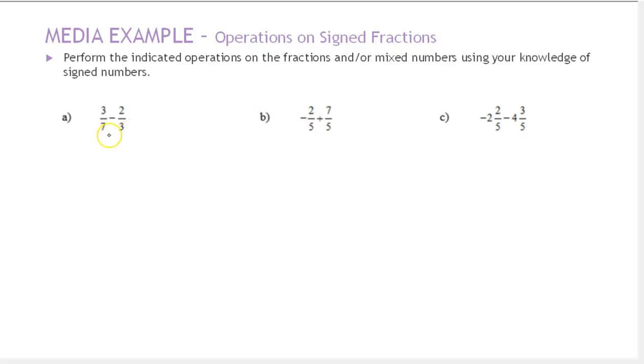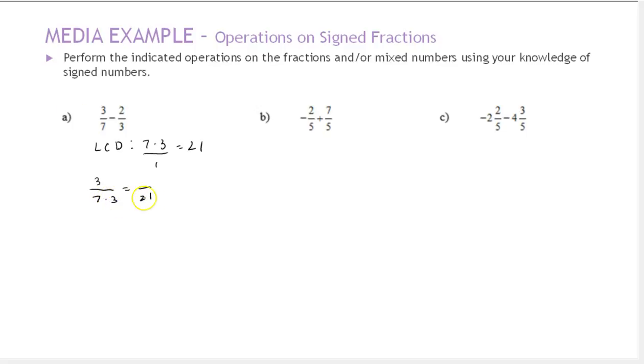So first, notice 7 and 3 have no common factors. So their least common denominator is the product divided by their greatest common factor, which is just 1, or 21. So I'm going to start by rewriting equivalent fractions for each of them with denominators of 21.